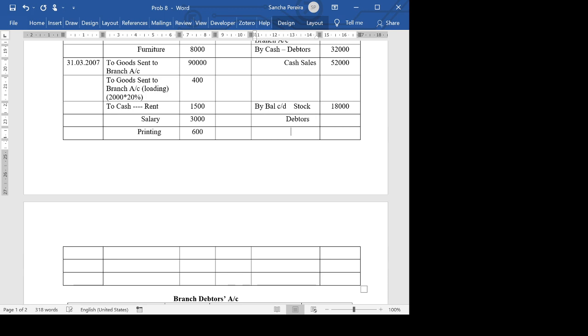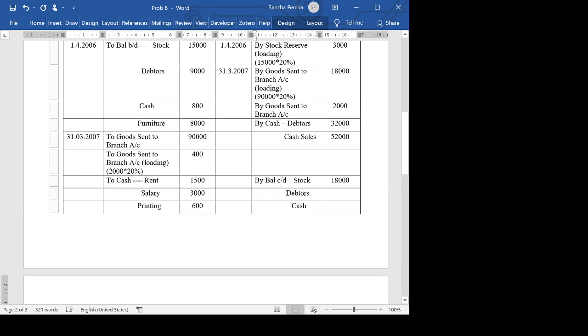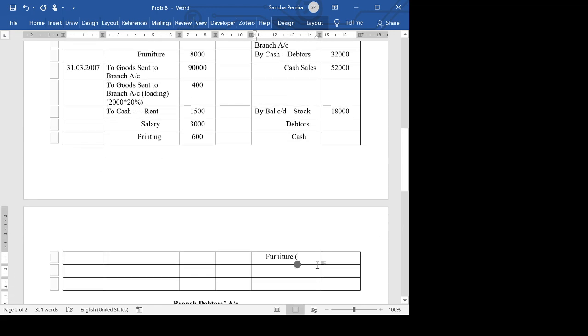Cash, and we also have furniture. Now furniture, the opening balance, if you see, was 8,000. Furniture opening balance was 8,000. They've told us to depreciate furniture.